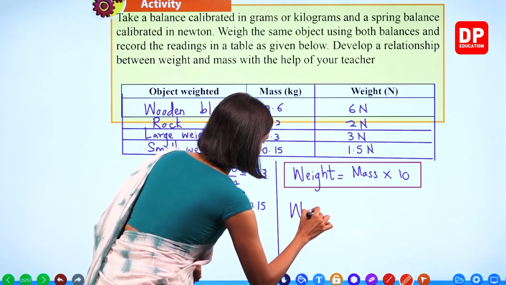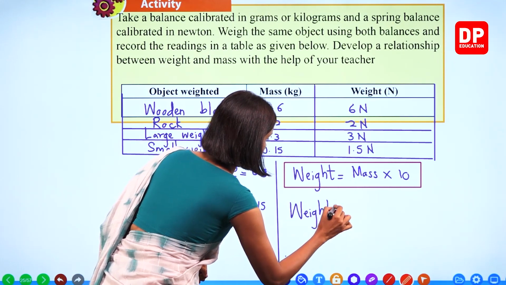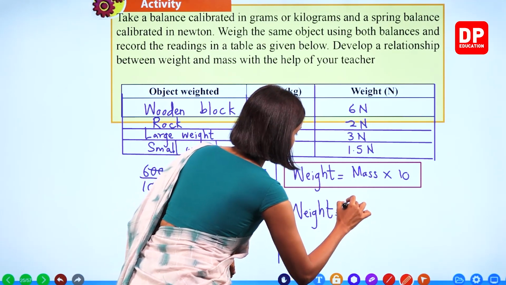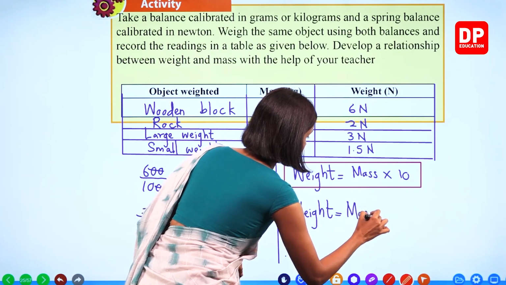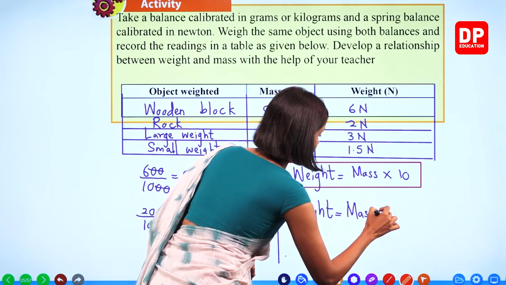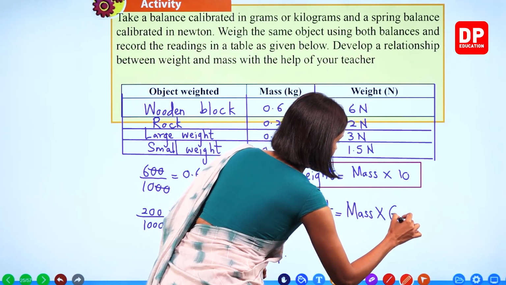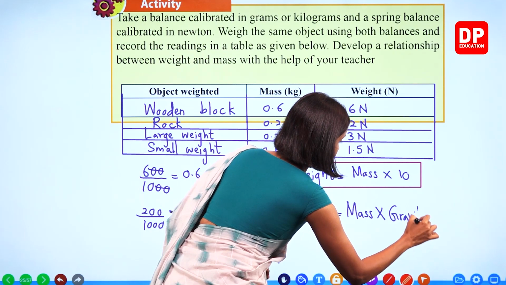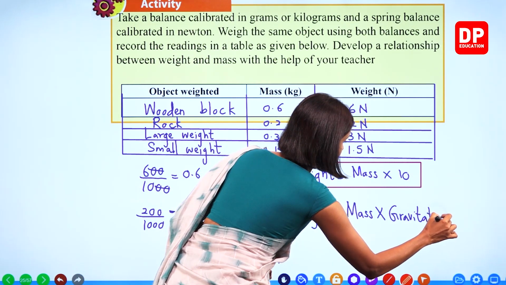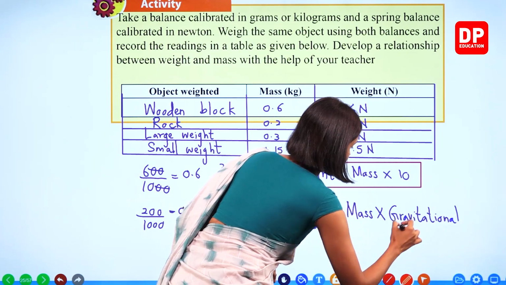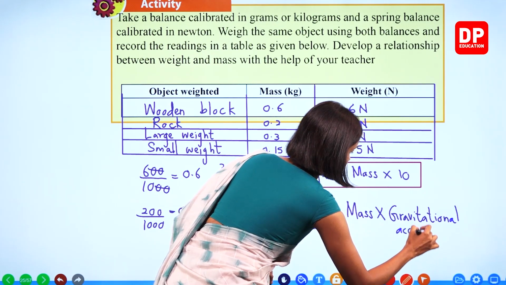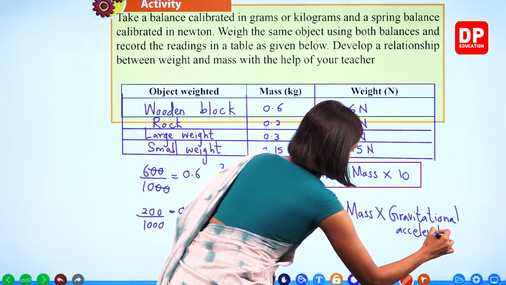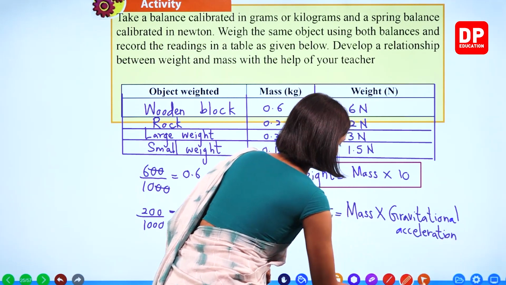So, weight equals mass multiplied by gravitational acceleration. Gravitational acceleration.